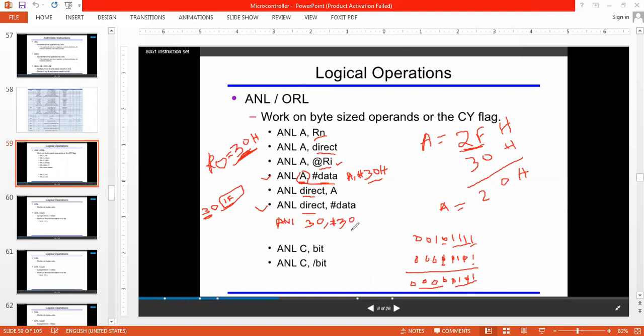Now tell me what is the result of this? What will happen? What is the result that is going to be stored into 30H? 30H is the address. This 30H is the immediate data. This is the address. This is the data. Tell me what will be the answer. First tell me the answer and then tell me where that answer is going to be stored.